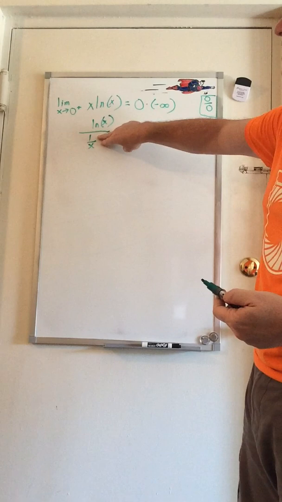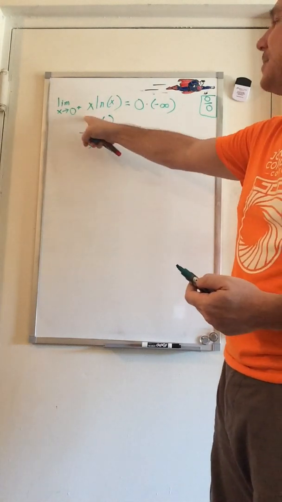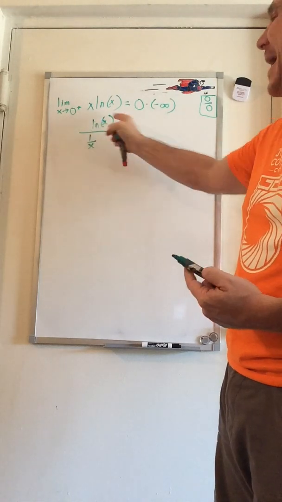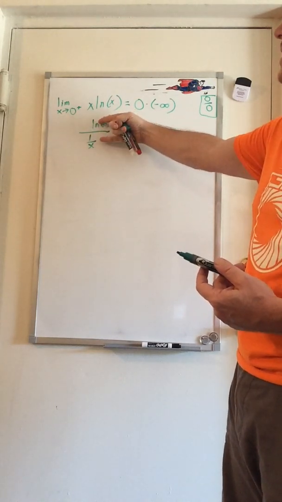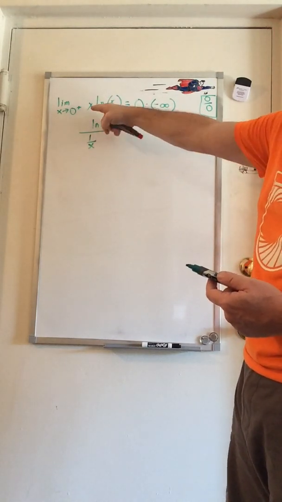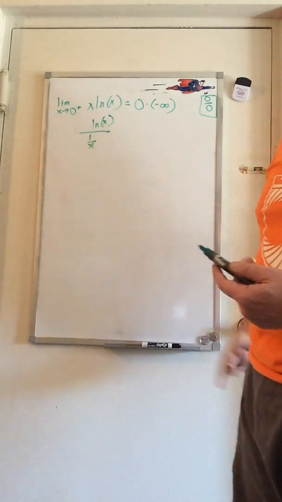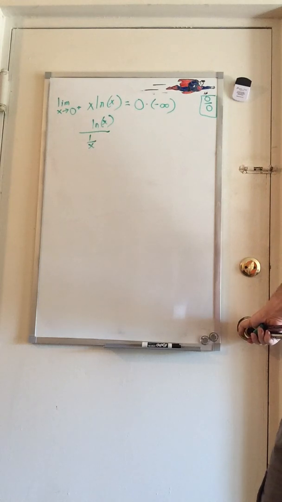By the rules of fractions, the x in the denominator of the denominator would come to the top, and it would be x ln x. So this is the same as that. I'm just using a little trick, flipping the x on the top to 1 over x in the bottom. That's a standard trick, and it pops up a lot.